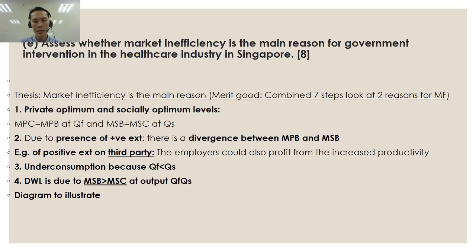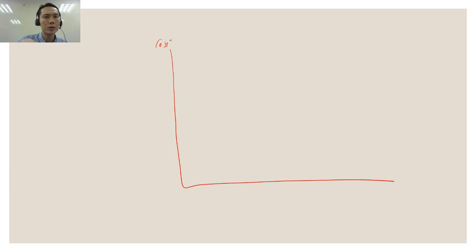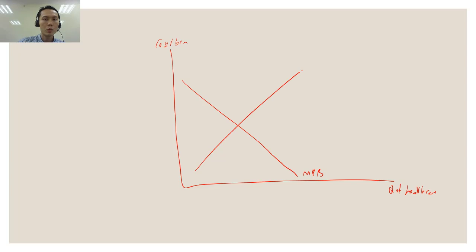So let me just explain to you a bit further on that through the drawing of a diagram. Now, what we have is this diagram here, cost and benefit analysis, the quantity of healthcare. So we have MPB, we have MPC, where MPB intersects MPC, we have QF.